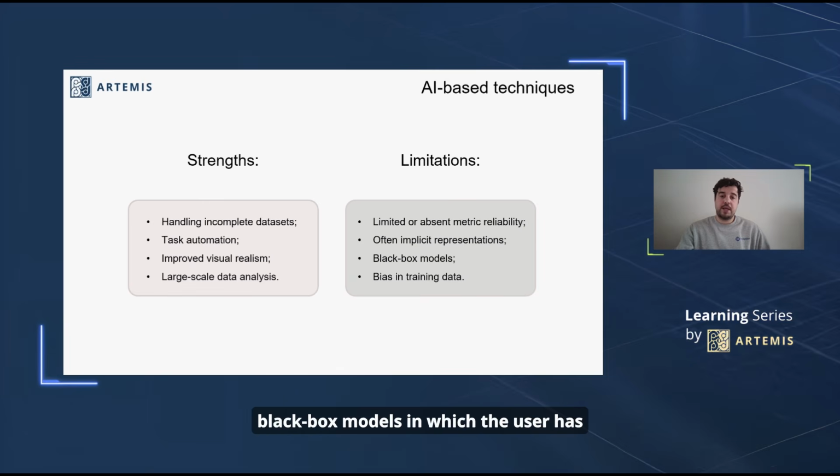They are based on black box models in which the user has limited control over the process, and they depend on training data with possible biases. For this reason, AI should be seen as a complementary tool, not as a shortcut that removes the need for method control and documentation.